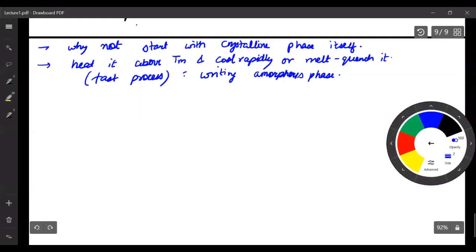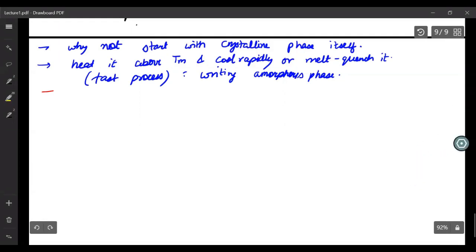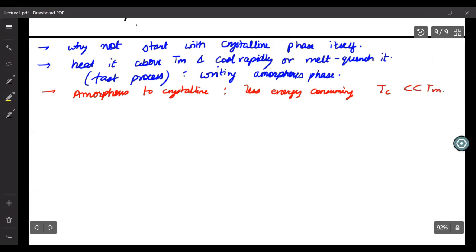However, is there a trade-off? Yes, there is one. So amorphous to crystalline is less energy consuming. Why? Because Tc is much less than Tm. So in order to heat the material beyond Tc, you need a lower amount of current, but crystalline to amorphous is a high energy consuming process.